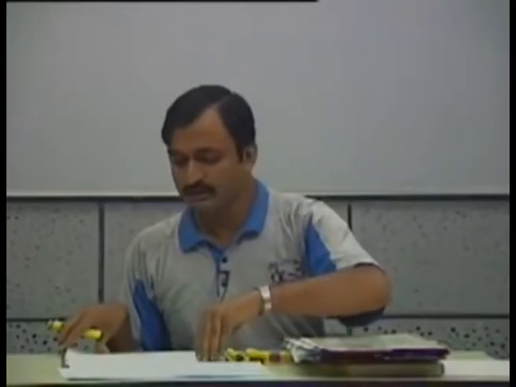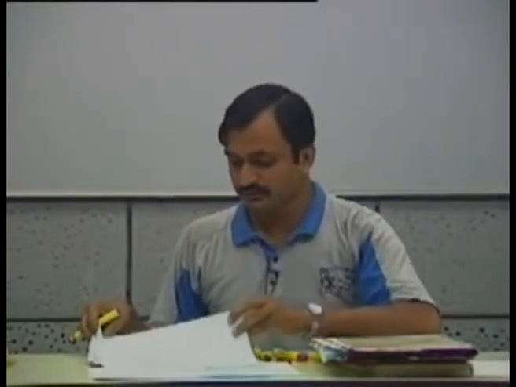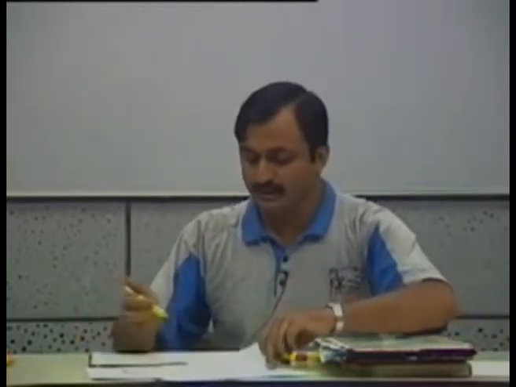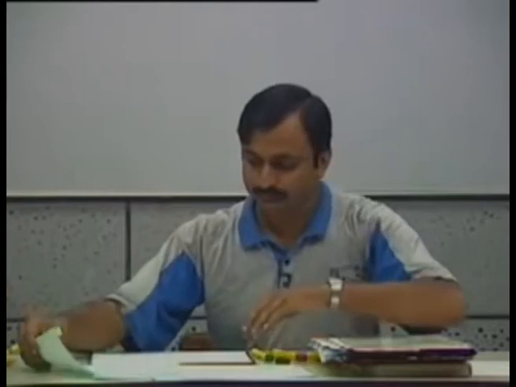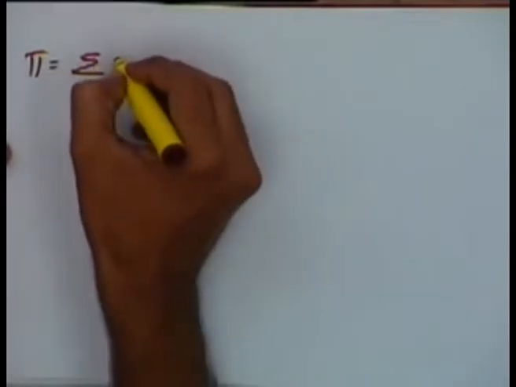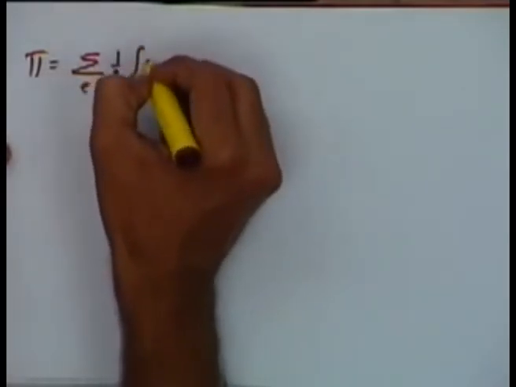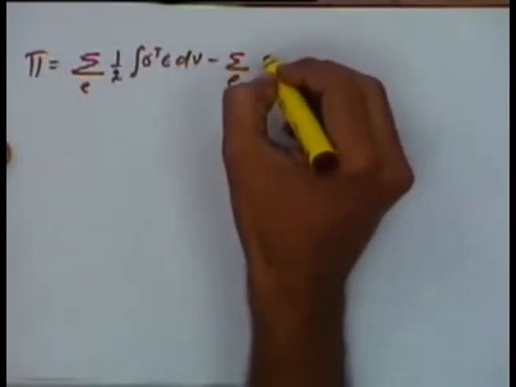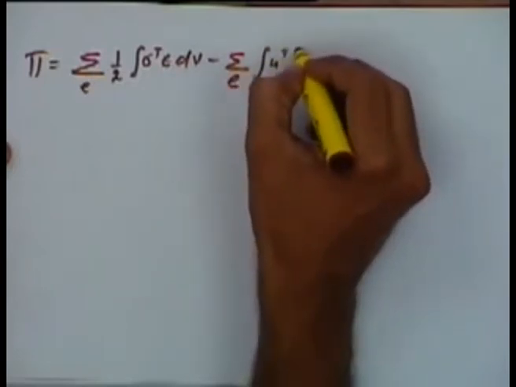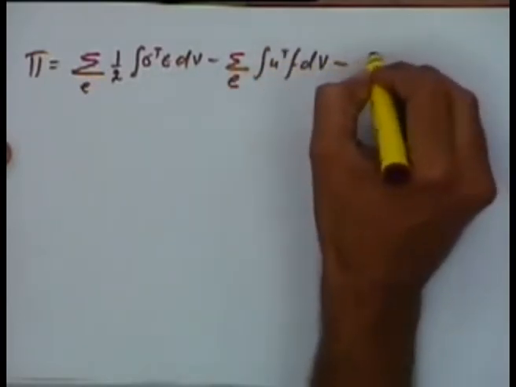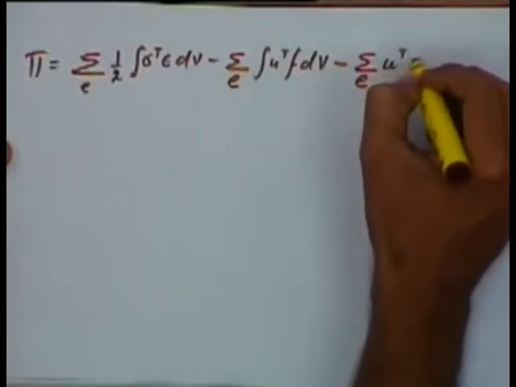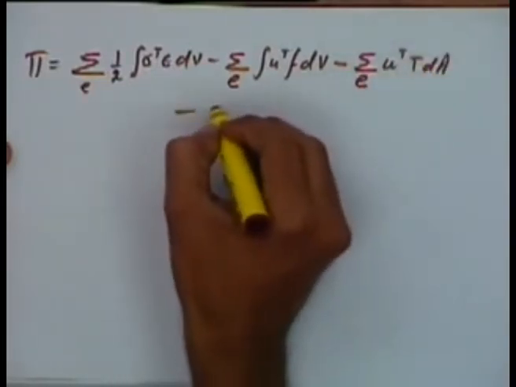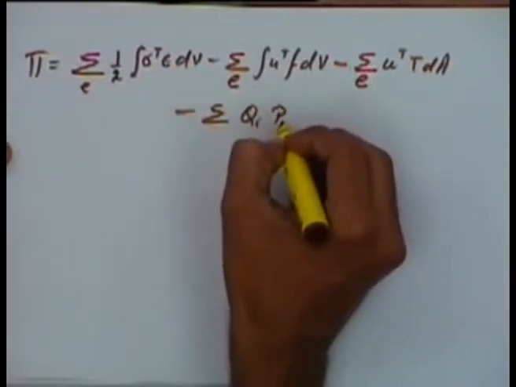Now if we look at the potential energy expression, I will rewrite the expression here, which is potential energy pi equal to summation over all the elements of half integral sigma transpose epsilon dV, minus summation over all the elements of integral U transpose F dV, minus summation over all the elements of integral U transpose T dA, minus sigma Qi Pi.